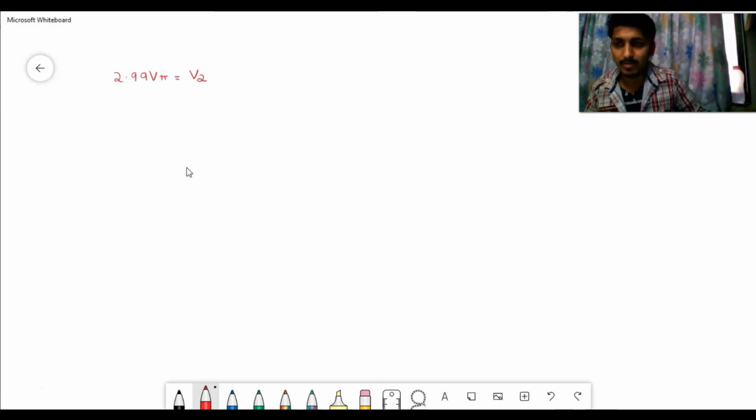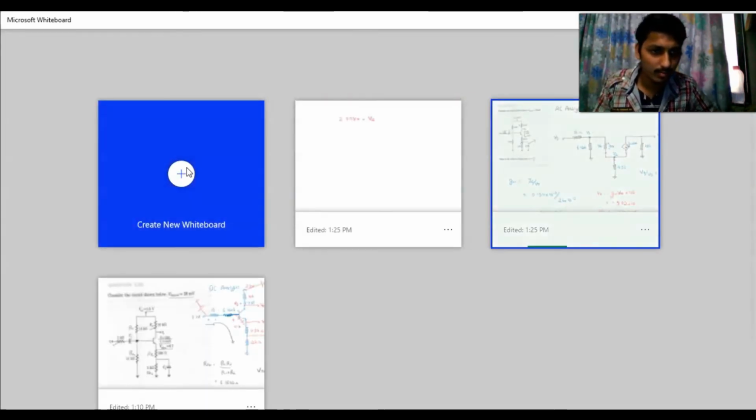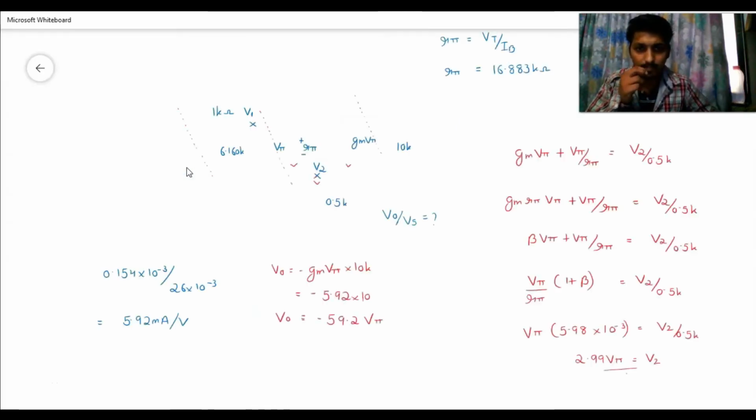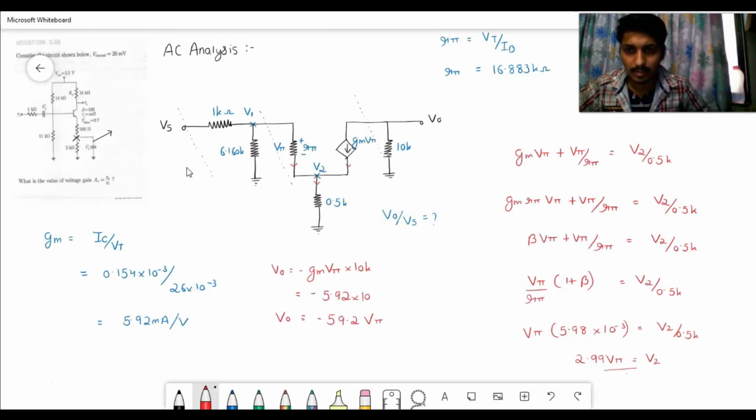So first I will see the diagram for this. For this you can see here vs, this is 6.1601 k, v pi, and 0.5k. So I need this part only, not this part.